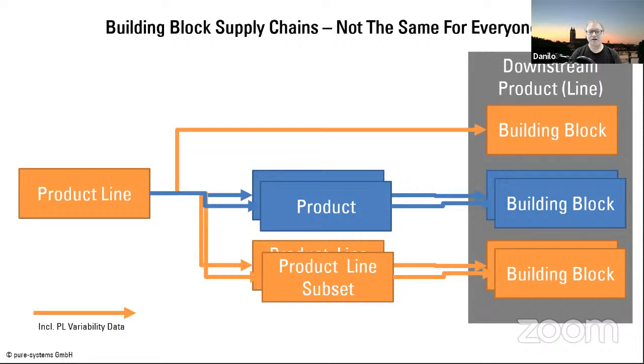One I would like to highlight is the fact that when we go into that gray downstream product line, we may cross a border of tooling and whatnot. That means we have to convey the data for variability, just like any other data, in a way that the downstream product line can consume it. And this is where standards for data exchange can be very helpful.